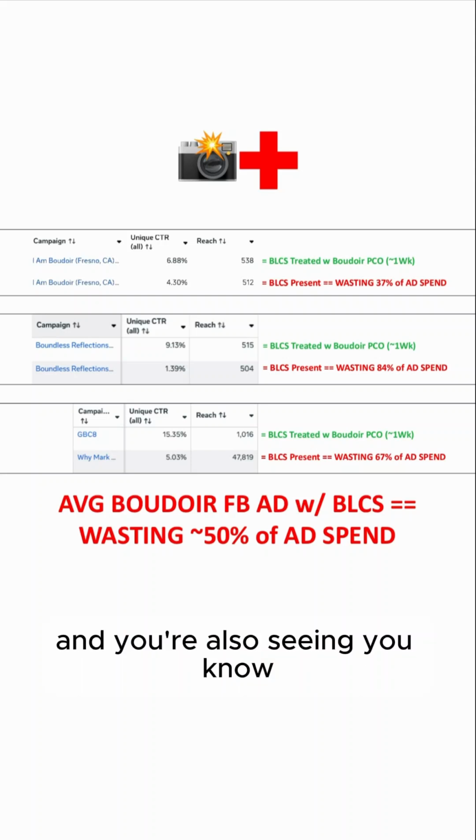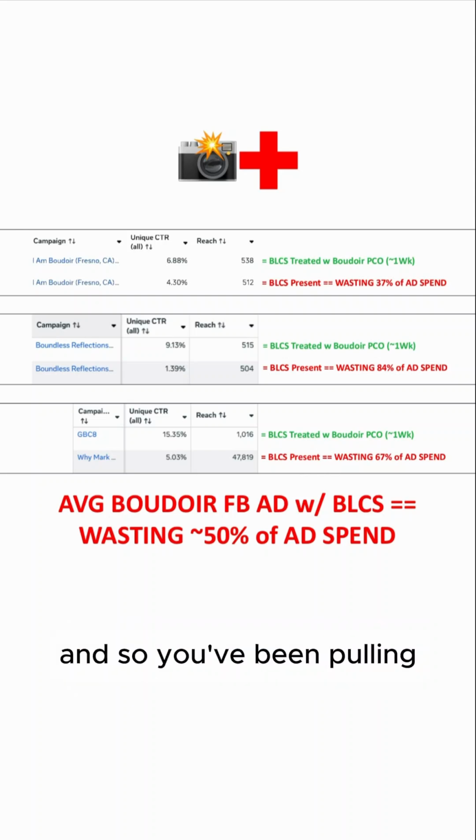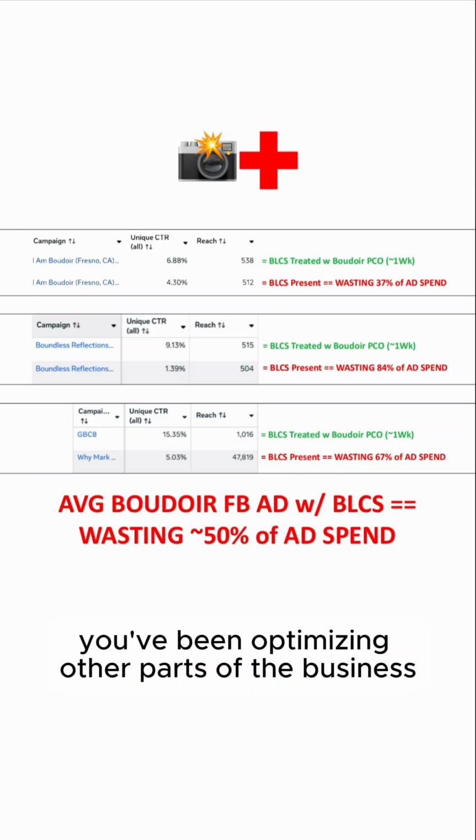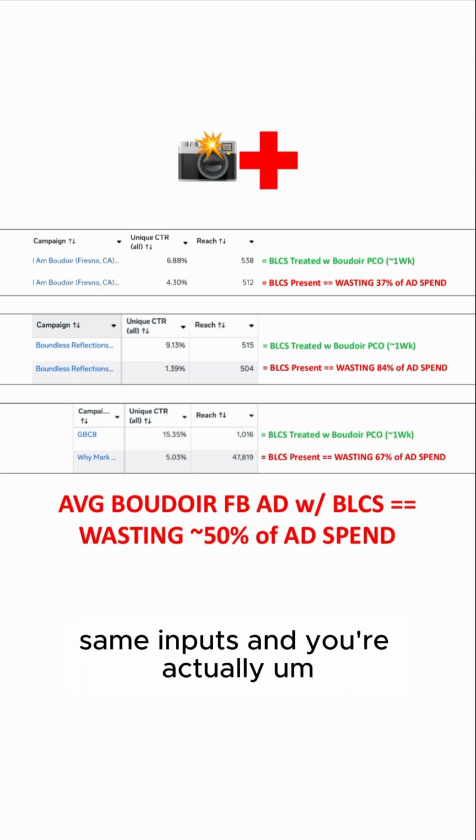And you're also seeing more inflation, cost of living going up. And so you've been optimizing other parts of the business, pulling more profit out of the same effort or the same inputs.